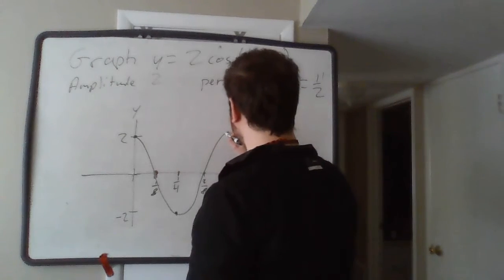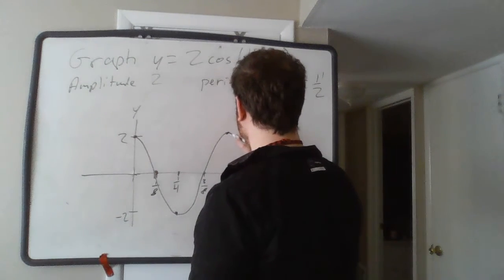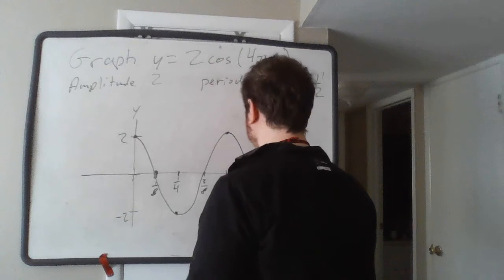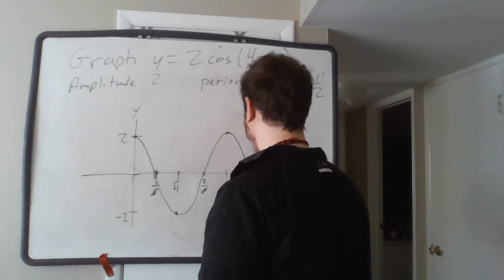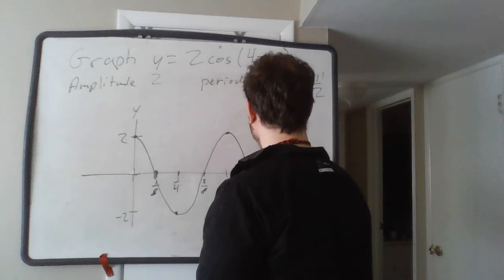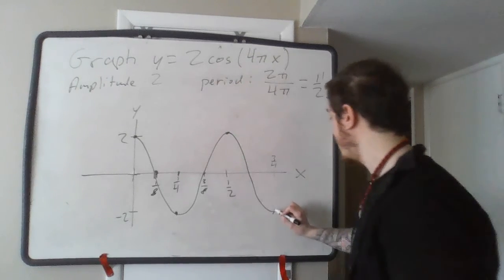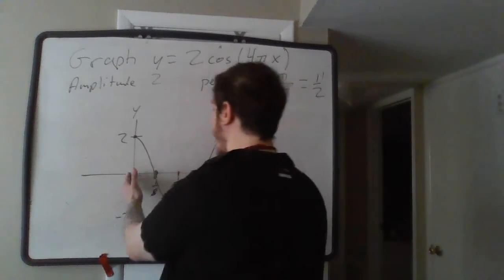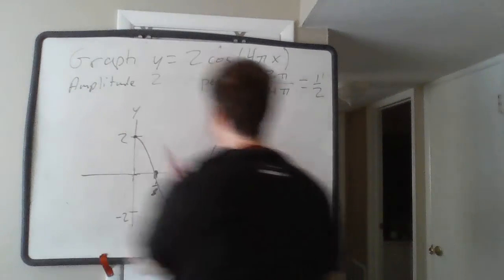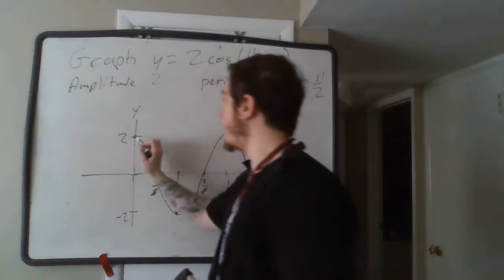And as usual, this is going to keep on going in the same pattern. So for example, out here, we are going to have hit 3/4 by the time we get to the bottom again, and keeping on going in this same kind of fashion. Just take this picture and keep shifting it horizontally to get everything else that you have.